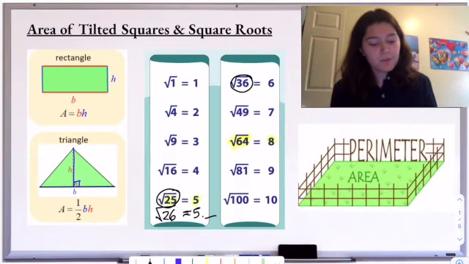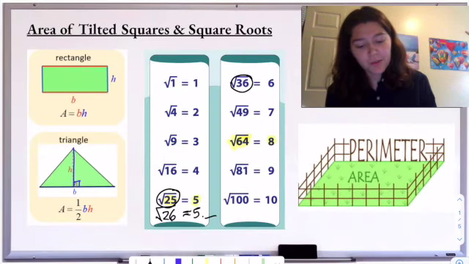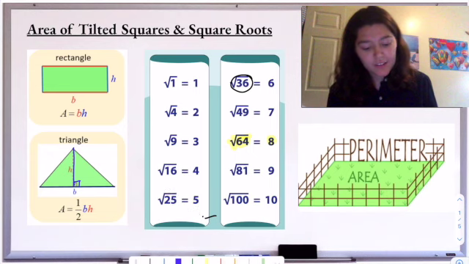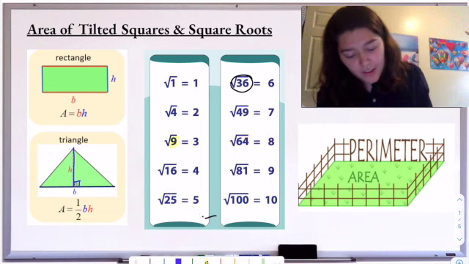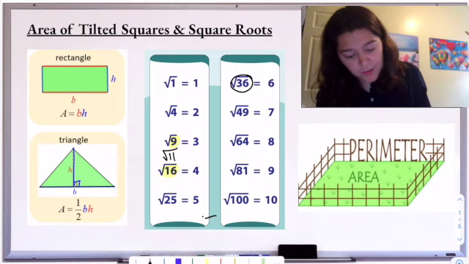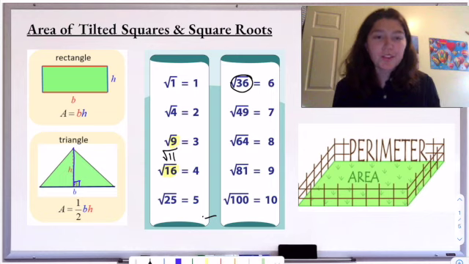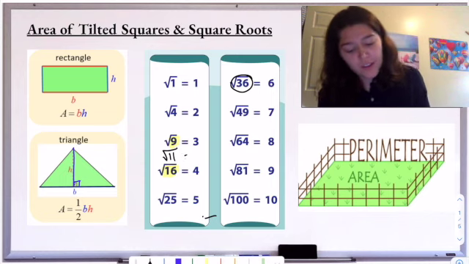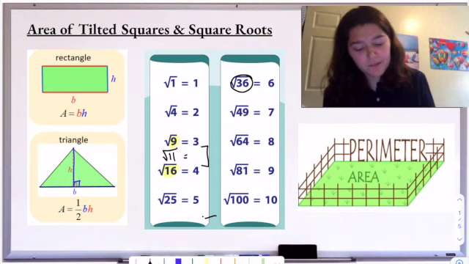Okay, so again, let's go back to our perfect squares. 11 falls in between 9 and 16. So we would put the square root of 11 in between the square root of 9 and the square root of 16. So that means the square root of 11 is in between 3 and 4.